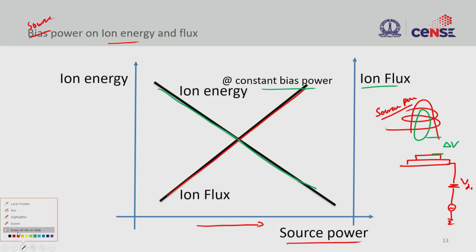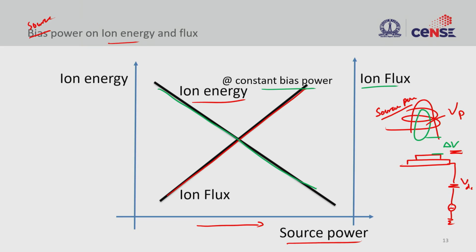So my plasma potential also has increased. This increase in my plasma potential has reduced the potential drop between my bias voltage and the voltage drop in my plasma. So this reduction in the potential drop will reduce my ion energy. Okay, so this is very important to understand.